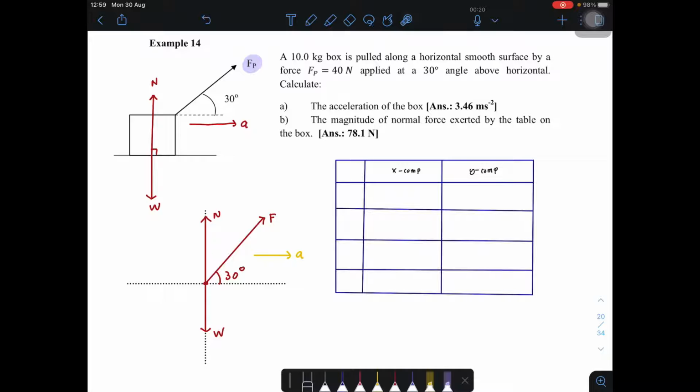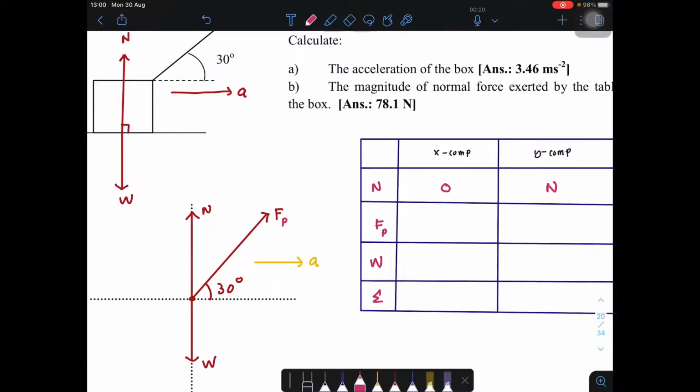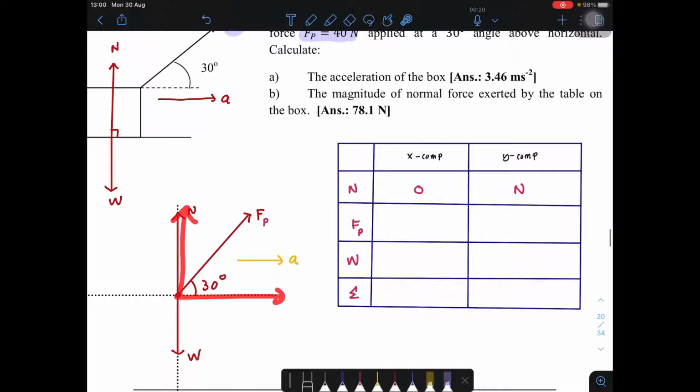Okay, so next, we will transfer the information into a table. So we have normal force, external force. Wait, this one should be FP, because they gave you the label already, so you need to follow the label. And then we have weight force, and the last one is the sum of the forces. The normal force and the vertical component of FP are going upwards, so both are positive.